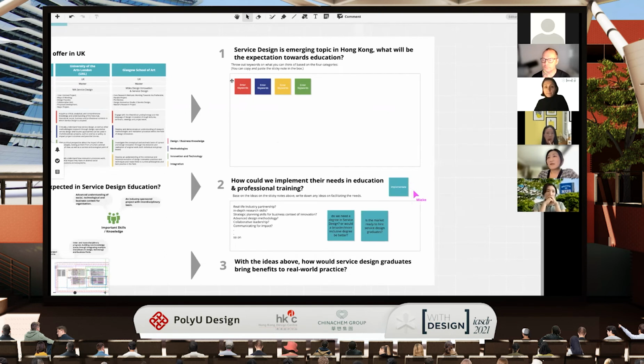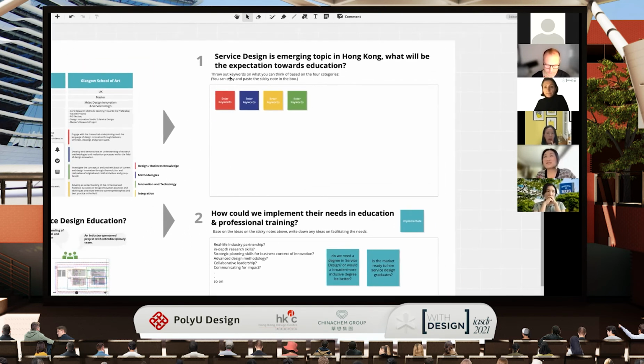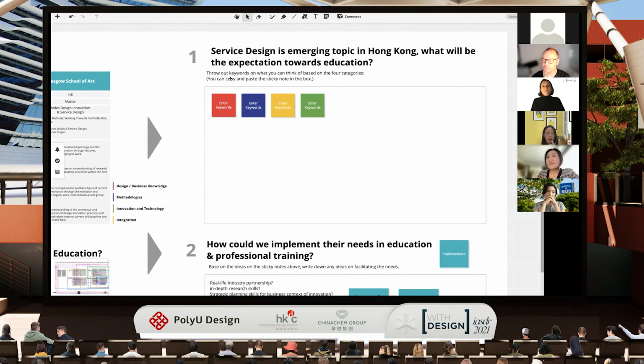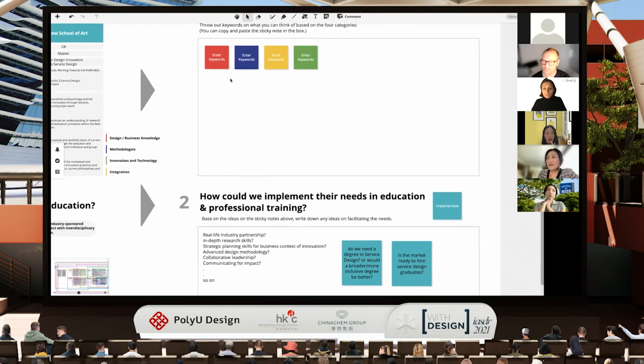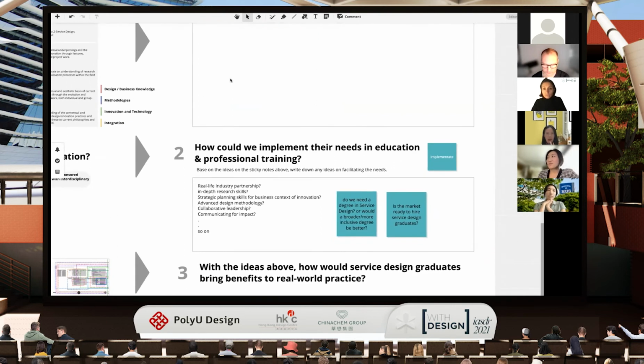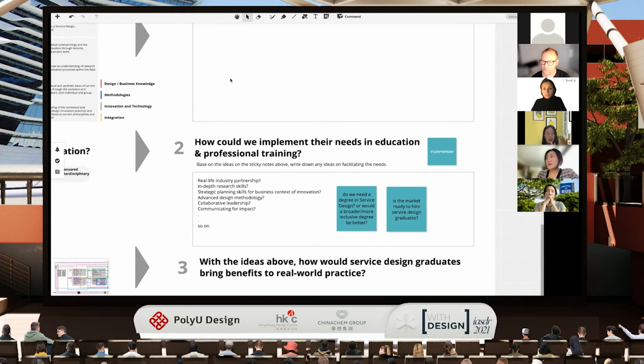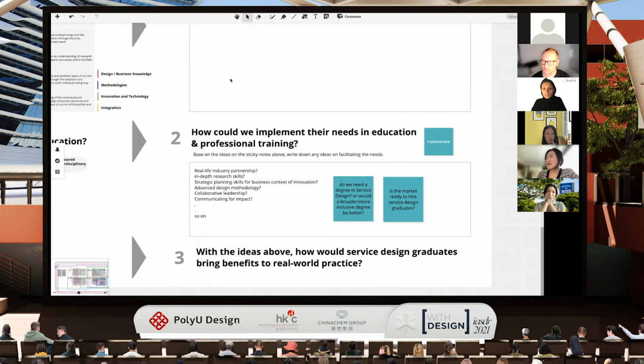And then I wanted to discuss with them how we can implement these needs in new education programs or professional training programs, or whether it is essential to place real-world, real-life industry partnerships, or more ethnographic or in-depth research skills, or a more business-oriented perspective, or collaborative leadership or communication skills amongst the other stakeholders in organizations.